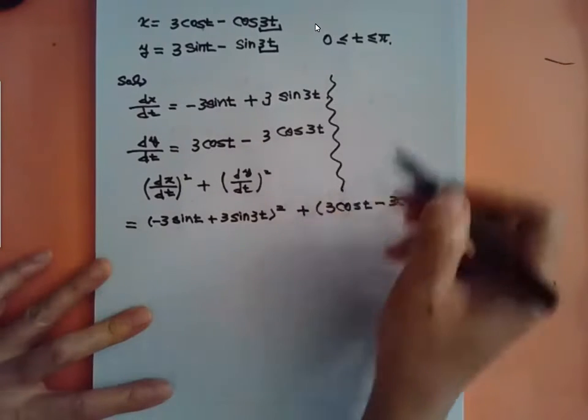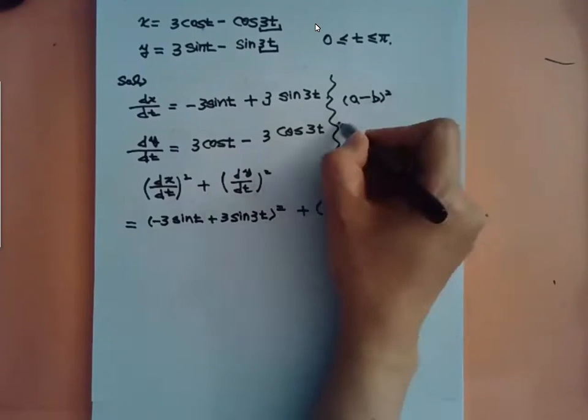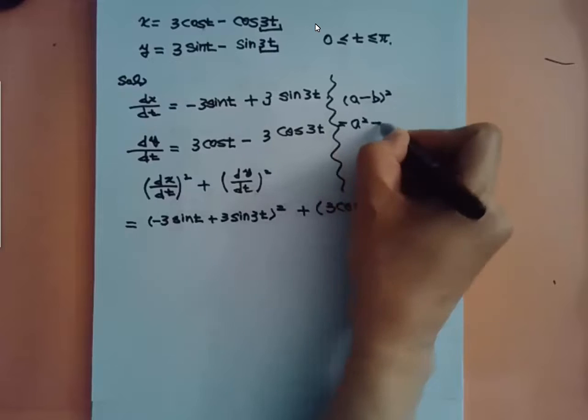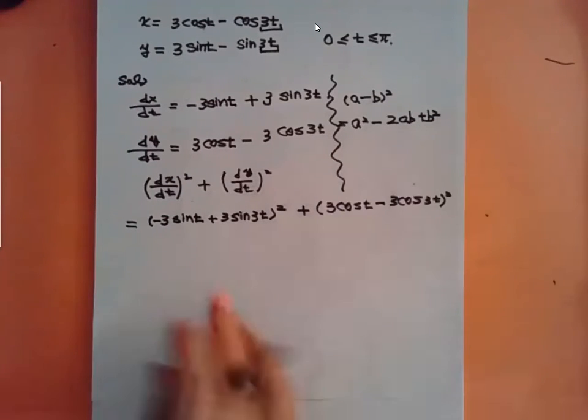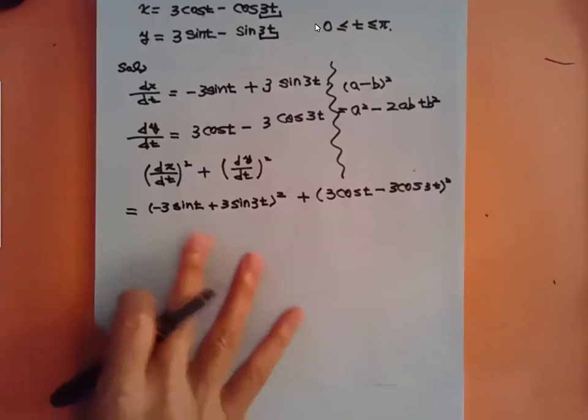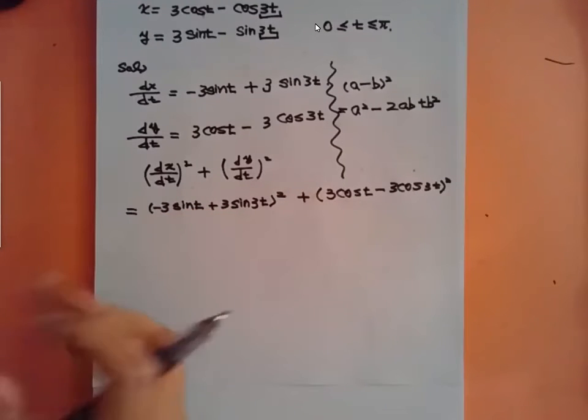The expansion formula we will use is (a minus b) squared is a squared minus 2ab plus b squared. What's happening here is both are the same pattern. We just switch the order of addition.